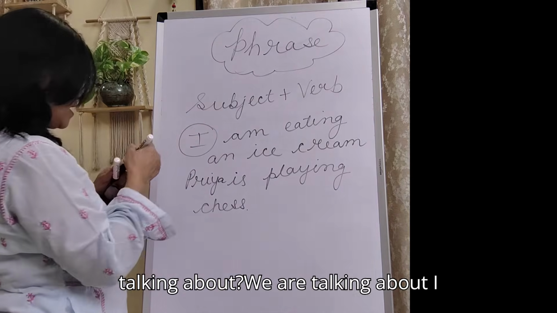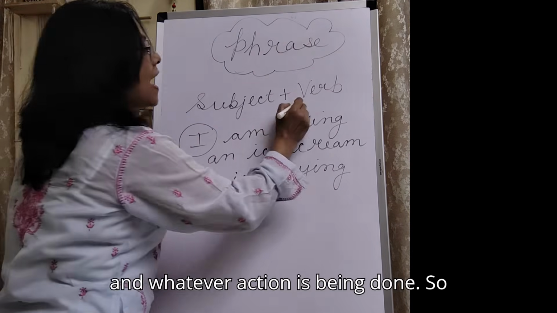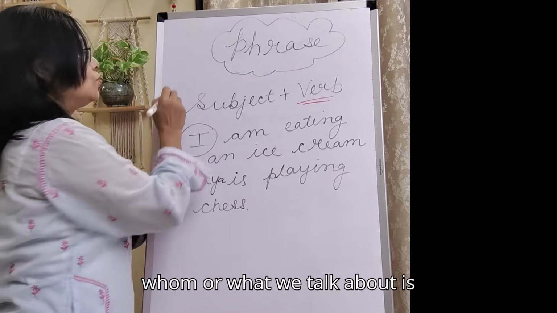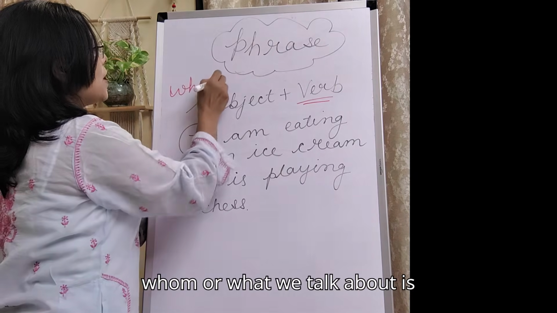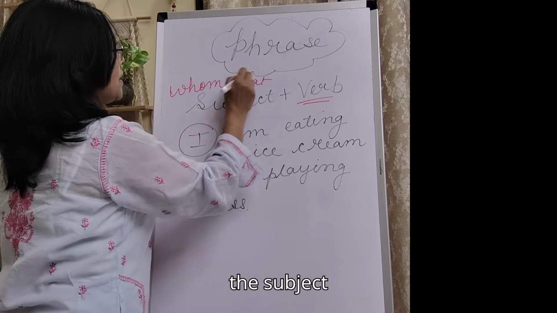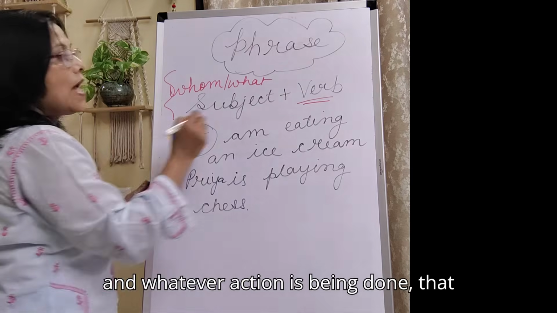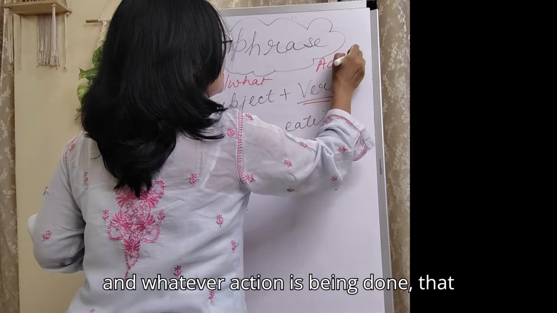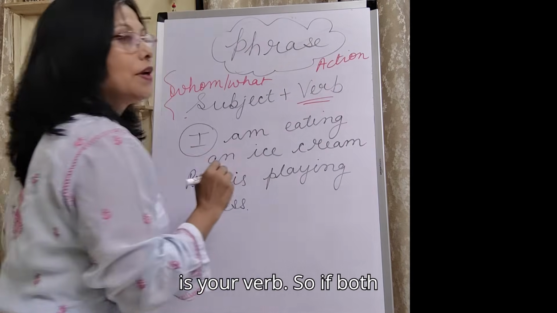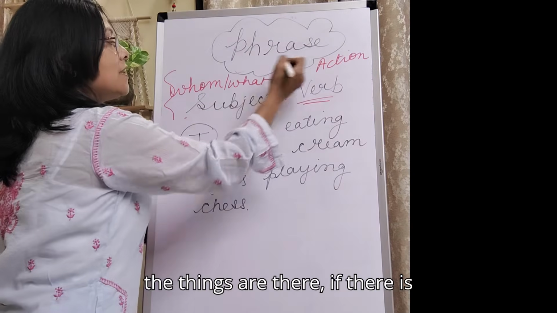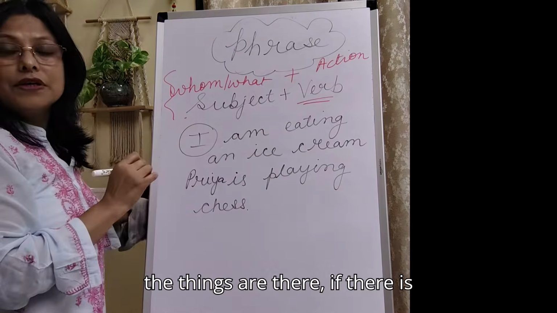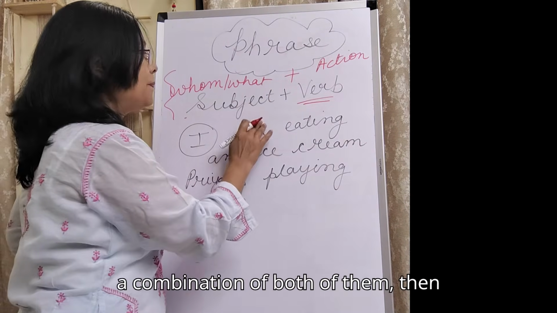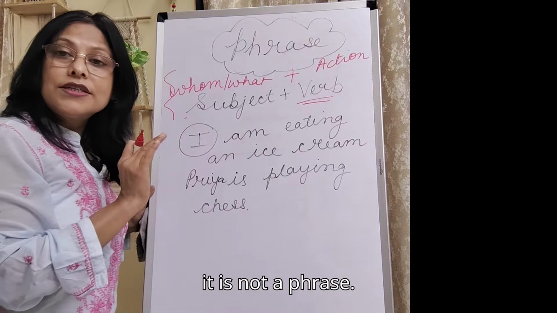We are talking about I. And whatever action is being done. So whom or what we talk about is the subject. And whatever action is being done, that is your verb. So if there is a combination of both of them, then it is not a phrase.